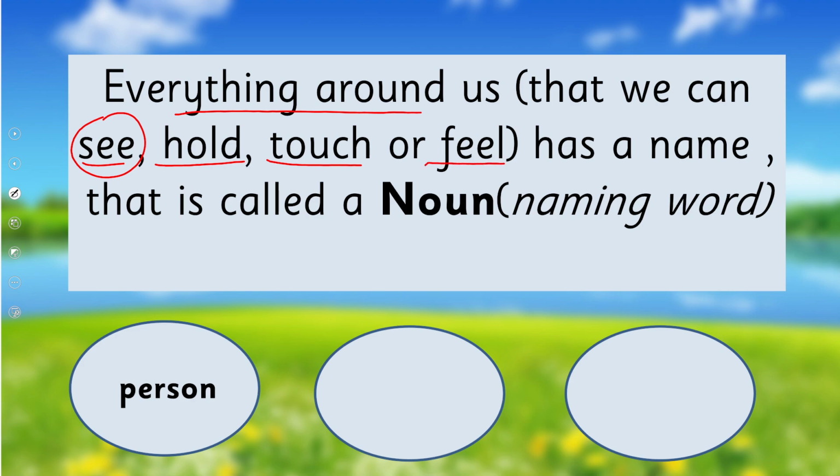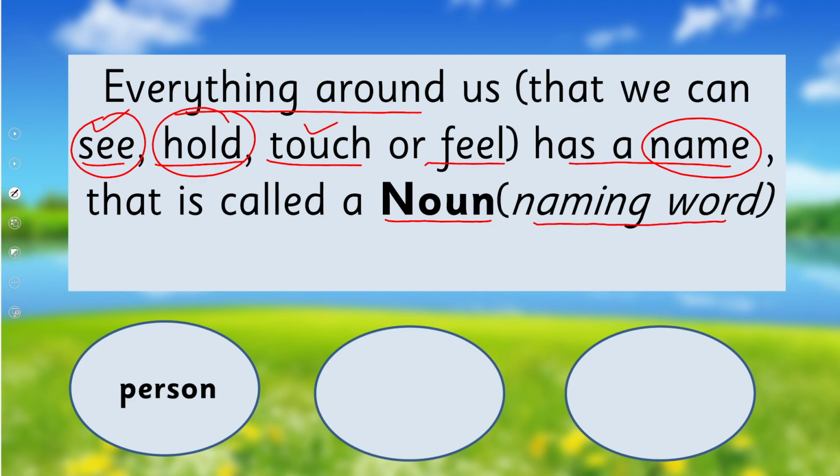Everything around us that we can see with our eyes, that we can hold with our hands, that we can touch or feel has a name. That is called a noun, and it is also called a naming word.